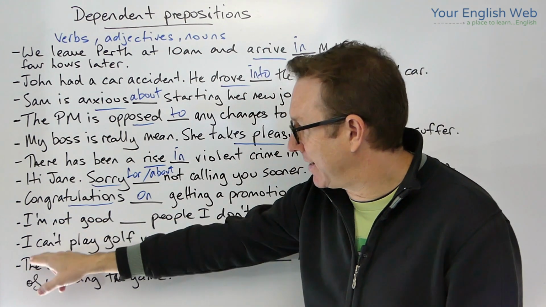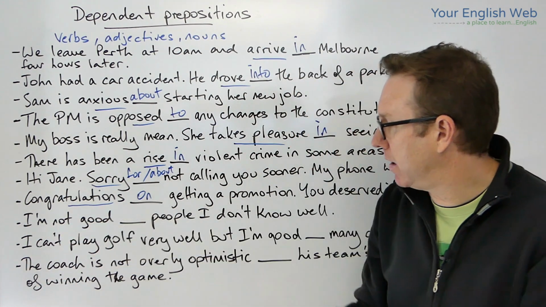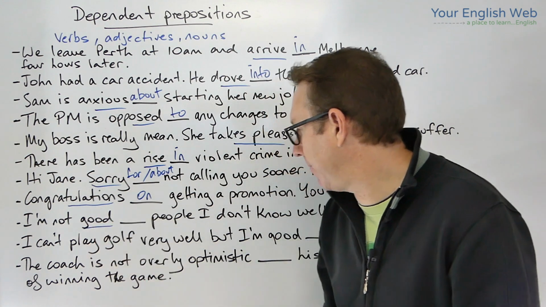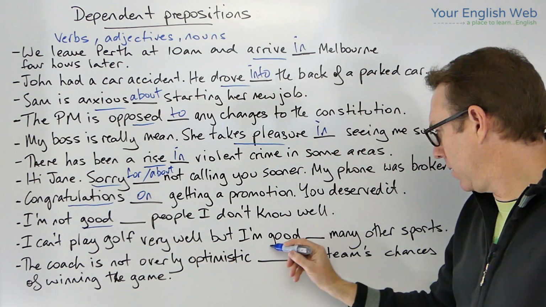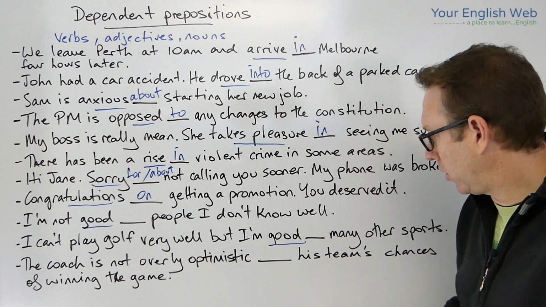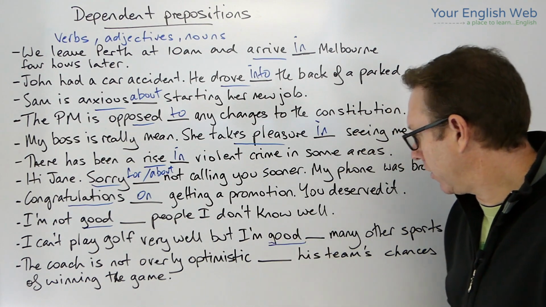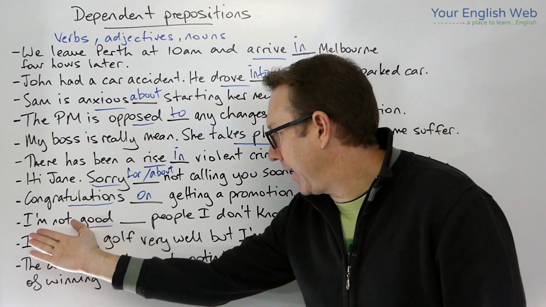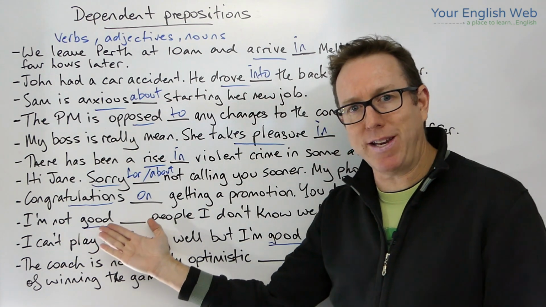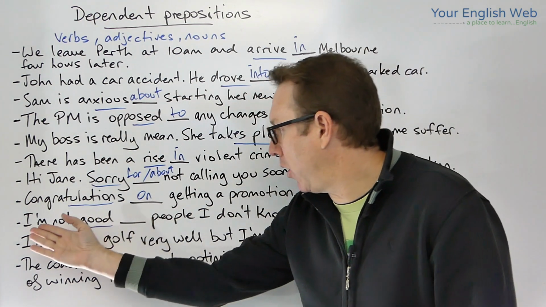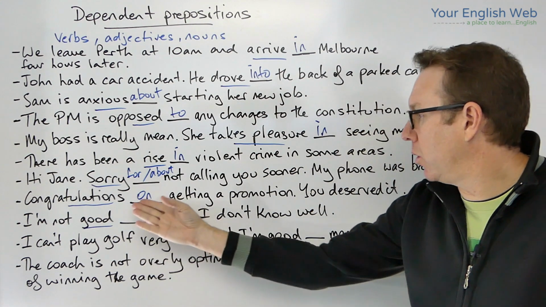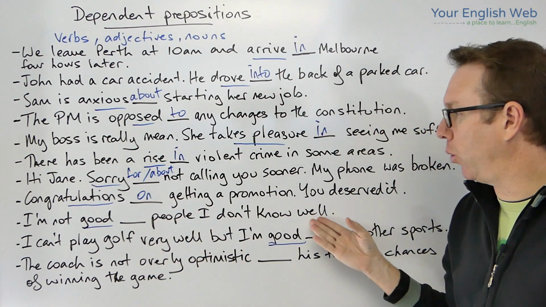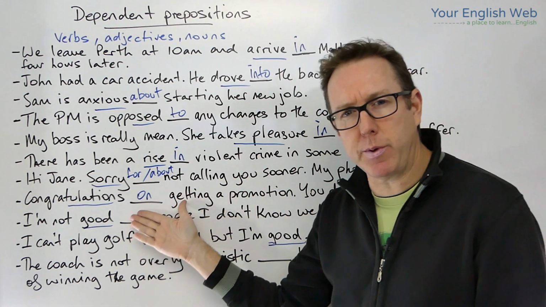Now the next two sentences use the same word here. I'll just put a mark on the G. But they use two different prepositions, so we need to be careful with this one. I'm not good something people I don't know well. Which preposition would be used here, do you think?